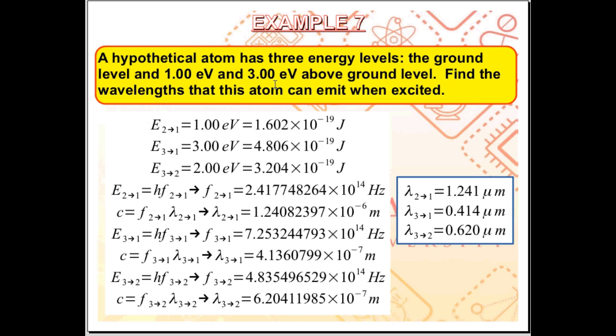So given these three energy levels, the ground state, first excited state, and second excited state, that's E1, E2, and E3.